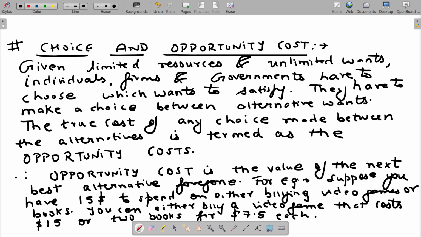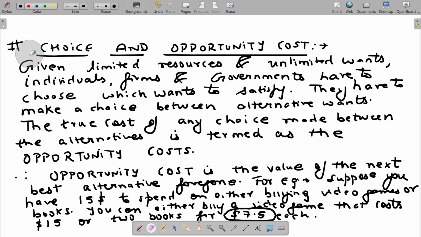Now $15 in the pocket, either you can buy a video game or you can buy two books, because each book costs only $7.5. That means if I have $15 in my pocket and each book costs $7.5, I can buy two books. Now you have to choose between these two alternatives.